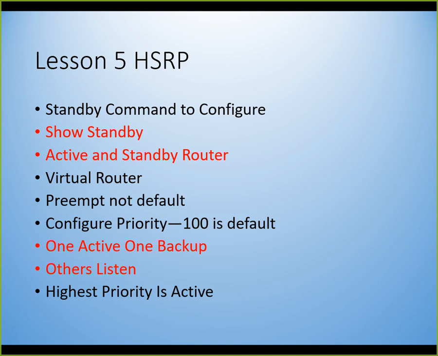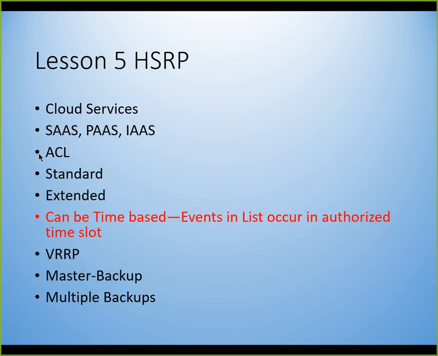A priority of 100 is the default. You can have multiple backup routers in it. Each of the ones that's not active is going to be a backup, whereas in HSRP, the others are going to be in listen mode. In VRRP, preempt is the default, whereas we have to configure it in HSRP. They're very, very similar protocols, as hopefully you see.